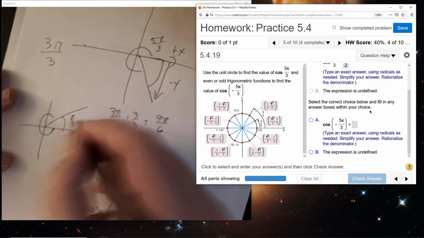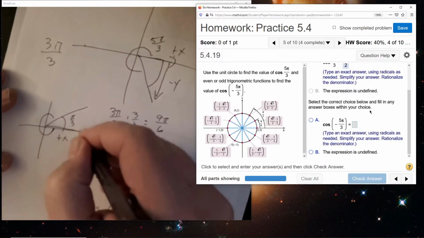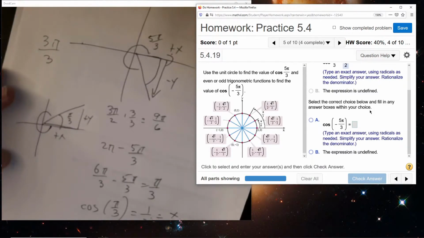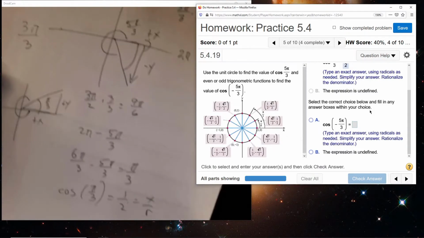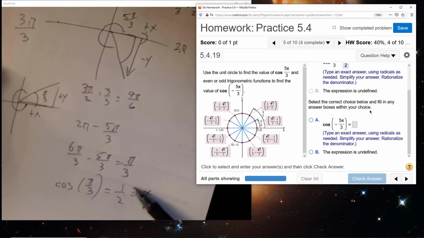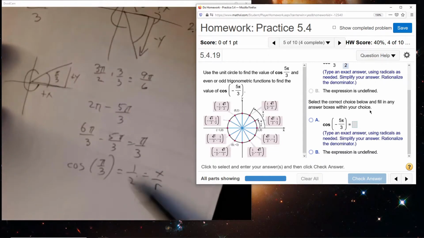And if we look at this reference angle, we have a positive x and a positive y, which means there's going to be no change in the sign of our reference angle. It's still going to be a half, because x is positive, y is positive. There's going to be no change in our sign, even for minus 5 pi over 3.